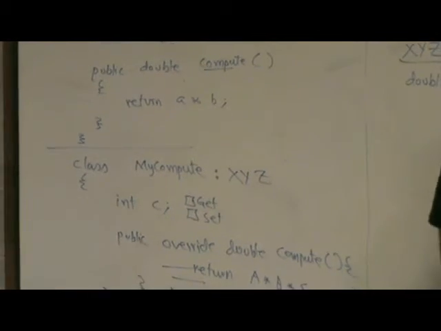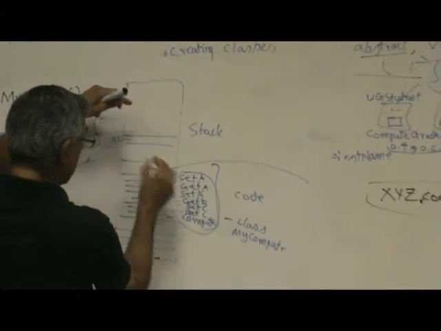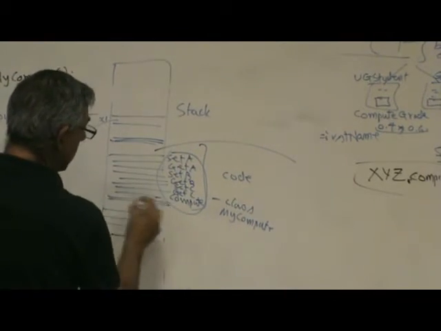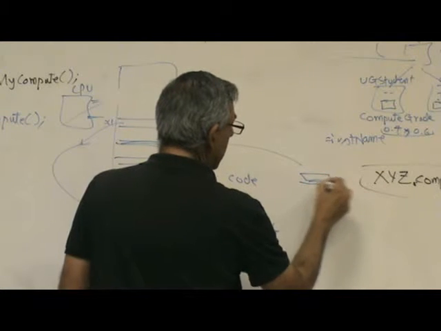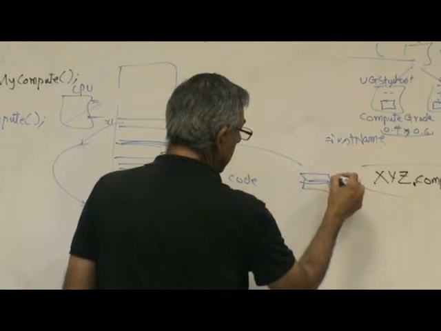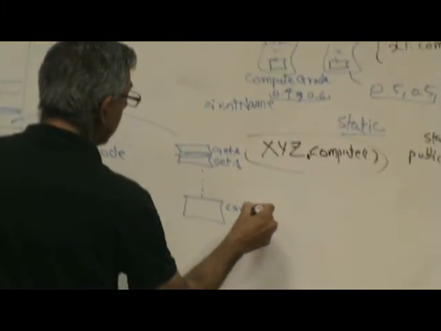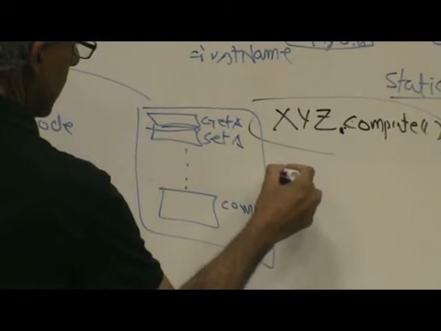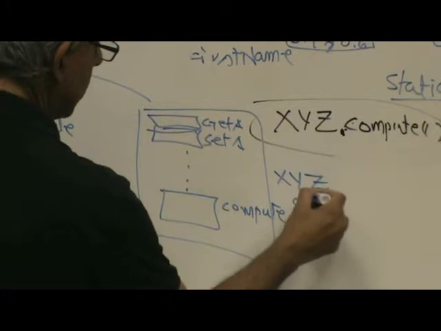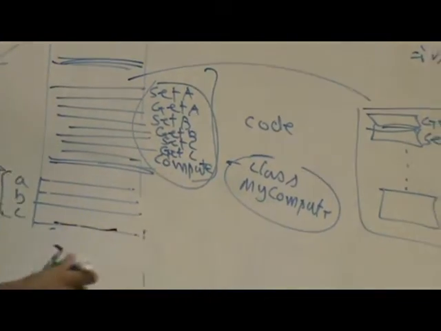So pretend this is our code area, from here to here, and there's more room over here. There's also get A, set A, and so on, and there's also compute over here. This part is for the XYZ class, and this was for the myCompute class.